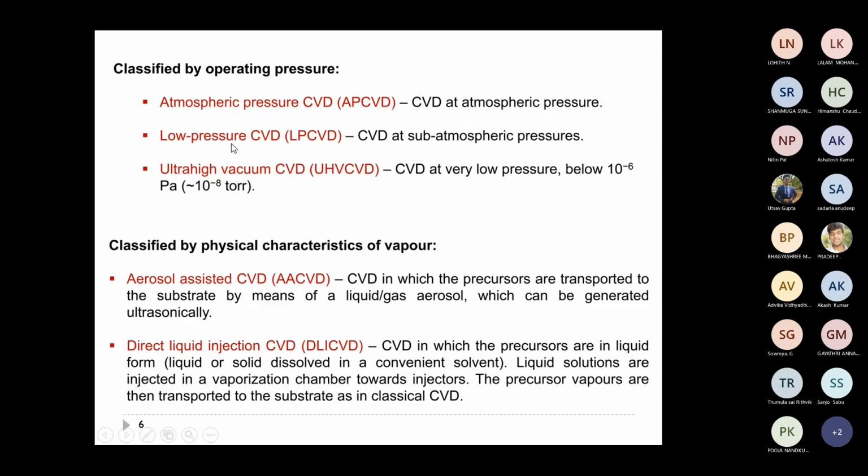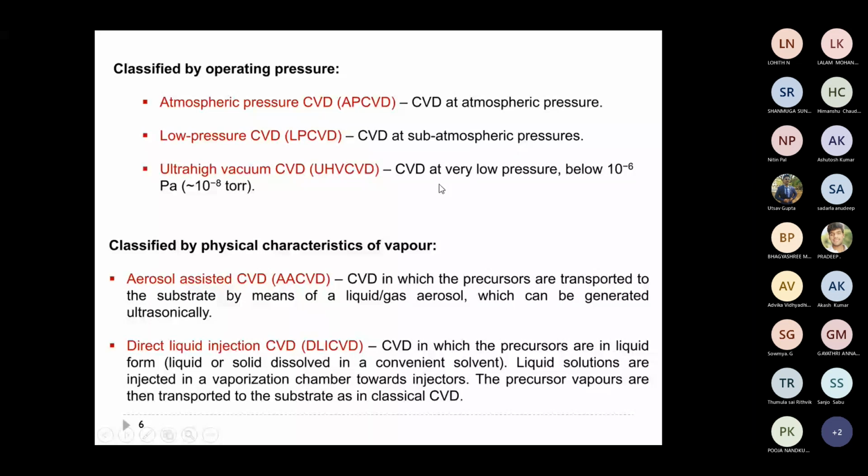Then they are also classified by operating pressure: atmospheric pressure CVD, CVD at atmospheric pressure; low pressure CVD, at sub-atmospheric pressure; and ultra high vacuum CVD, at very low pressure, around 10 to the minus 6 Pascal. But its usage is limited.